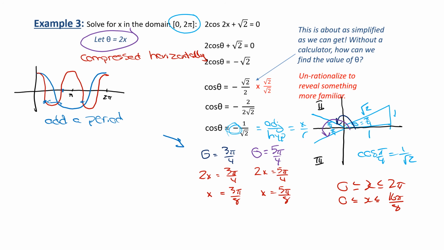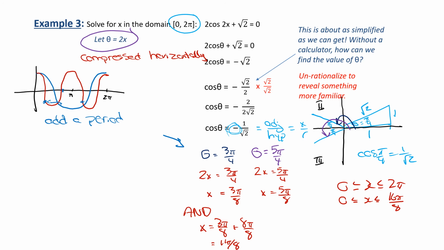We'll go back down here. I've got these answers here. X is equal to 3 pi over 8 plus a period. That's 8 pi over 8 because a period is pi. That's going to give me 11 pi over 8.